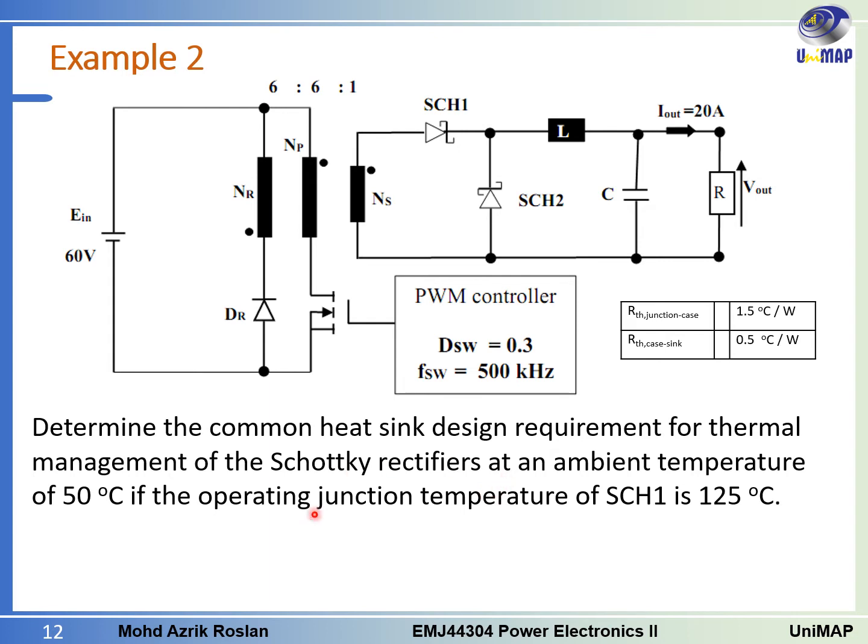But in this question, it already gives the junction temperature of Schottky 1, which is 125 degrees C. So that will be different, and this is another type of question that we can give.